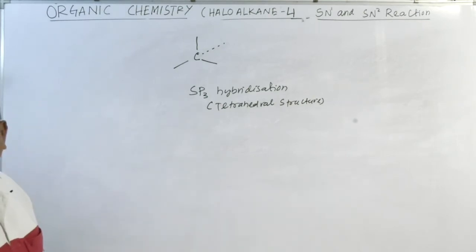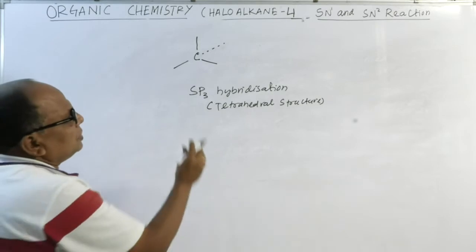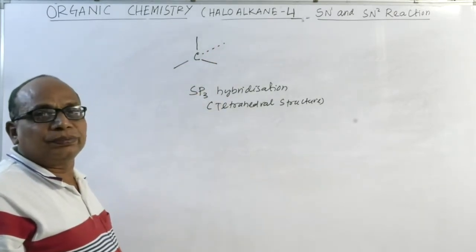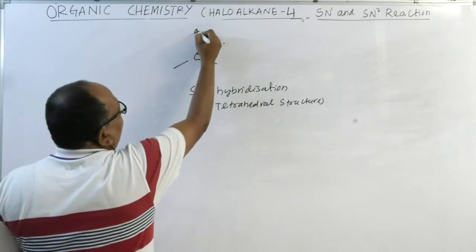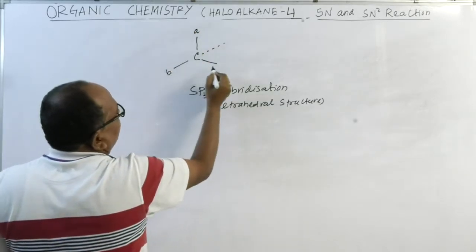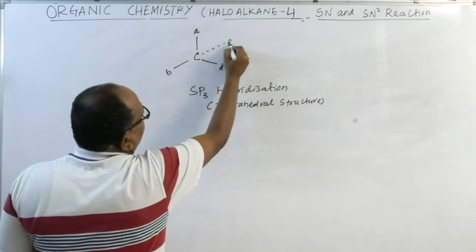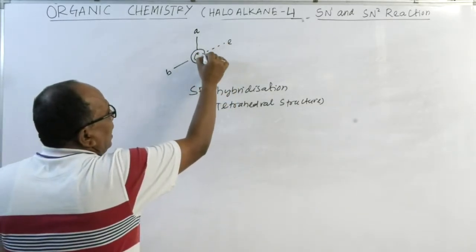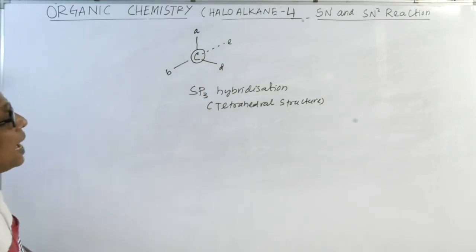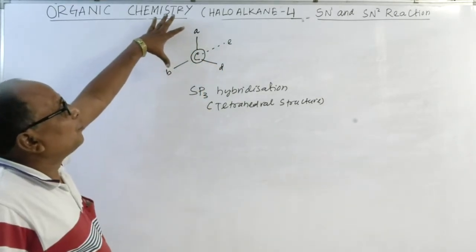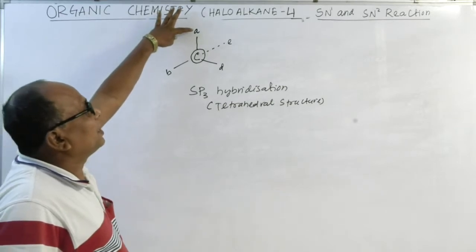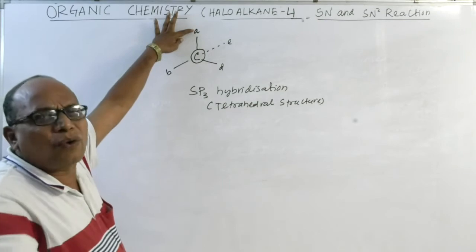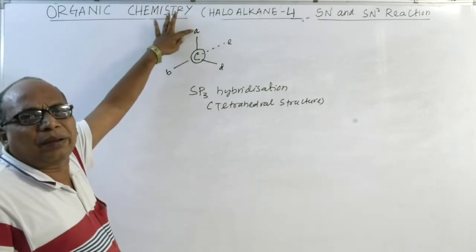Tetrahedral structure. And suppose the carbon atom is bonded with 4 different atoms or groups. For example, this is A, this is B, this is D, this is E. You see, C is your carbon atom. This carbon atom is bonded with 4 different atoms. One atom is A, it can mean hydrogen, chlorine, bromine, so many.